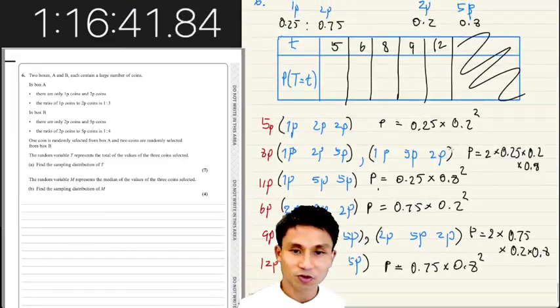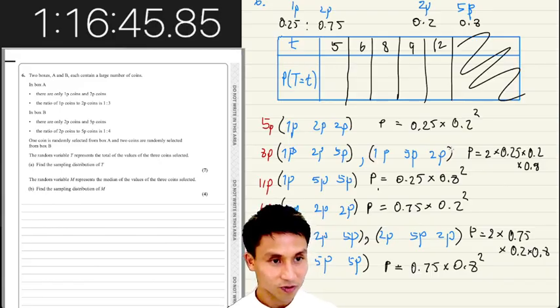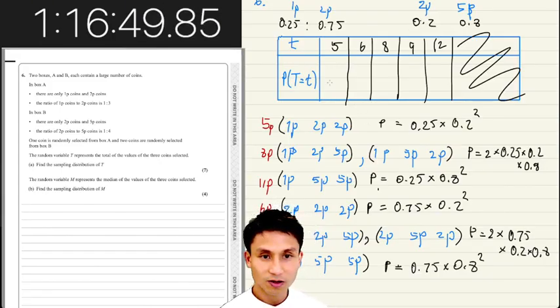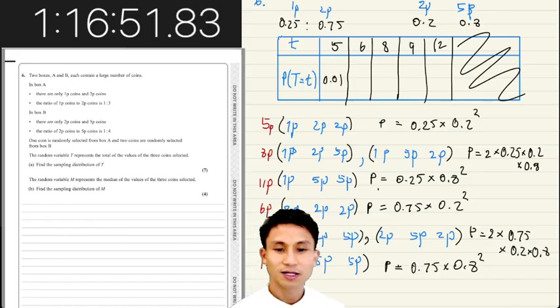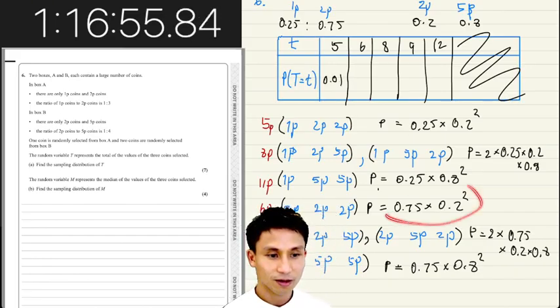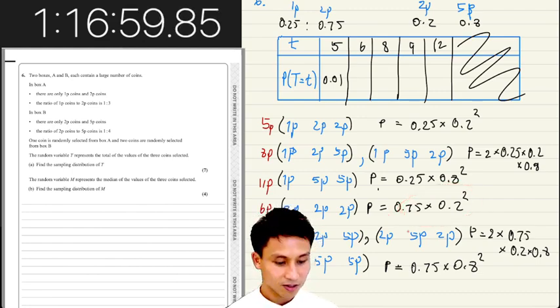Okay, and then let's put in, so the 5 pence must be the top bit, so that's 0.25 times 0.2 squared. We get 0.01. 6 pence would be this guy right here. Yeah, so that would be 0.75 times 0.2 squared.